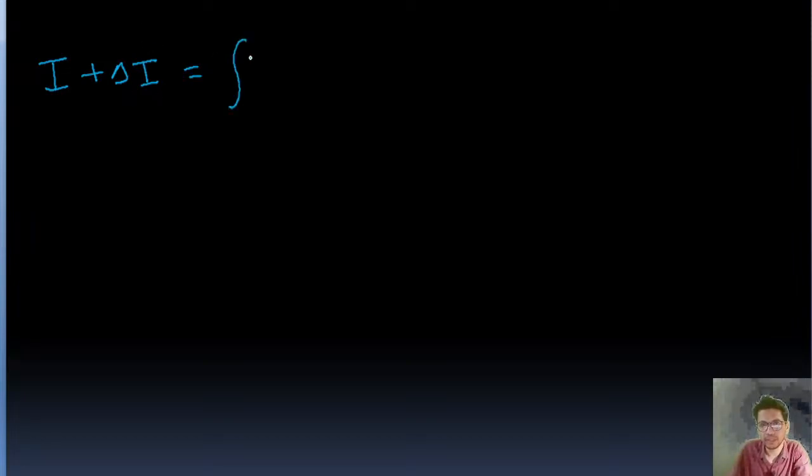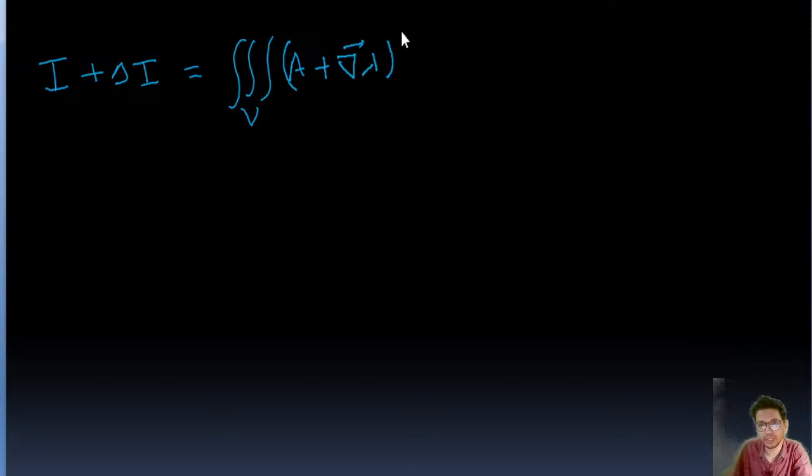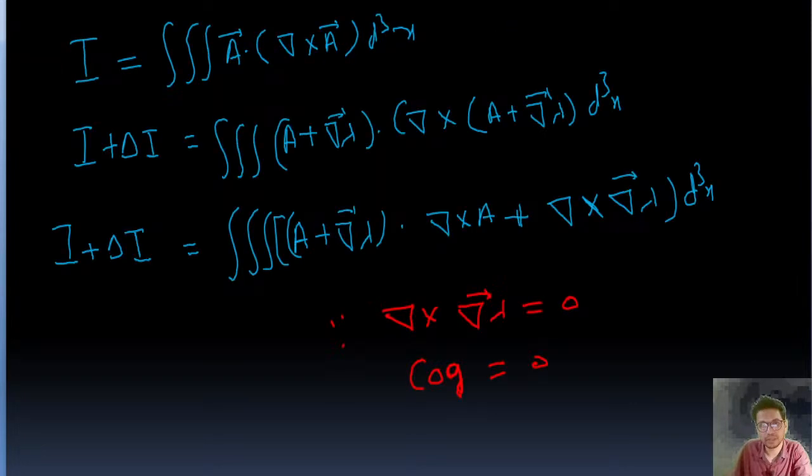this is triple integration, that is volume integration, A dot del cross A, this is going to be A plus gradient of lambda dot curl of A, and this is d cube x, because this part is 0.